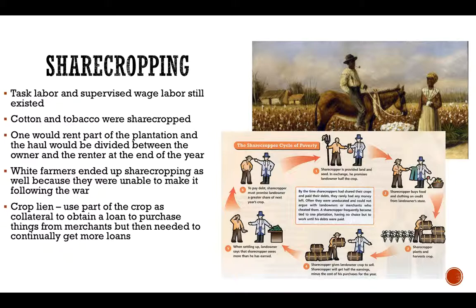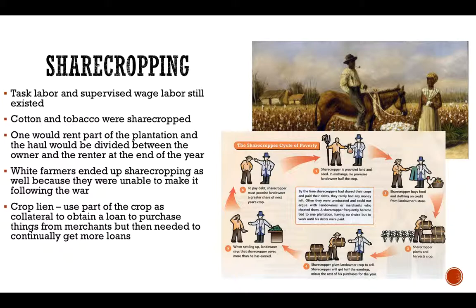The sharecropping system pops up as extremely popular during this point, and it's based on this task labor and supervised wage labor structure. These were the regular forms of employment that existed at this point.